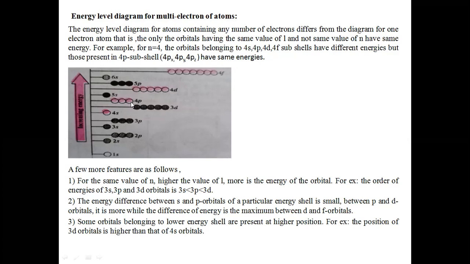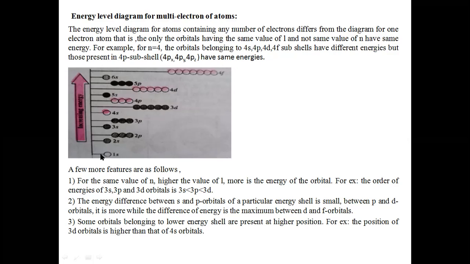See here in the diagram, there are three orbitals in the 4p subshell, that is 4px, 4py, and 4pz. All these three orbitals will have the same energies, but the subshells will have different energies. A few more features are as follows.